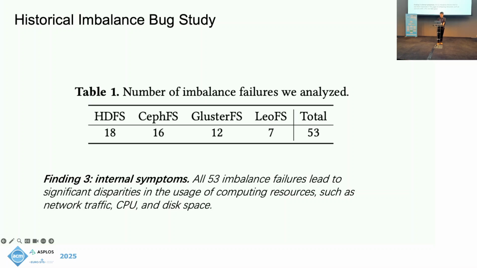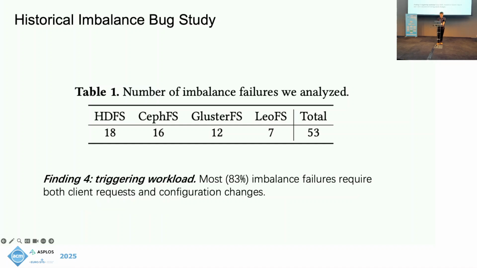For our third finding, we look at the symptoms of these imbalance failures, and we find that all the imbalance failures lead to significant disparities in the usage of computing resources, including network traffic, CPU, and disk storage. We then analyze the reproduction steps for each imbalance failure to understand how these failures are triggered.